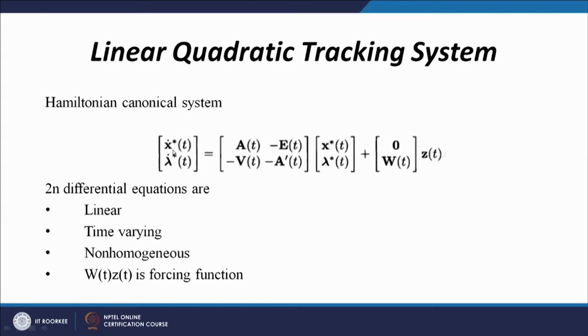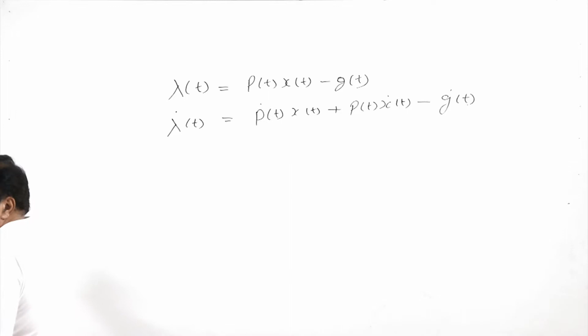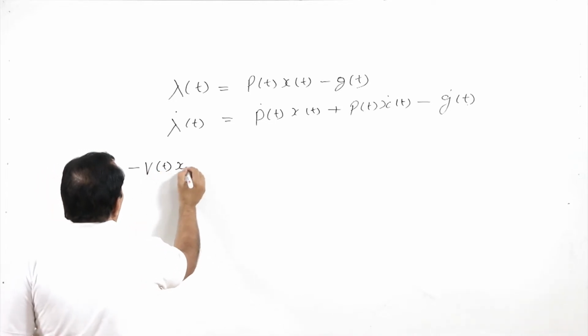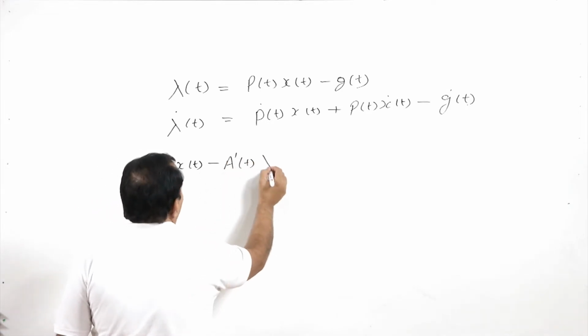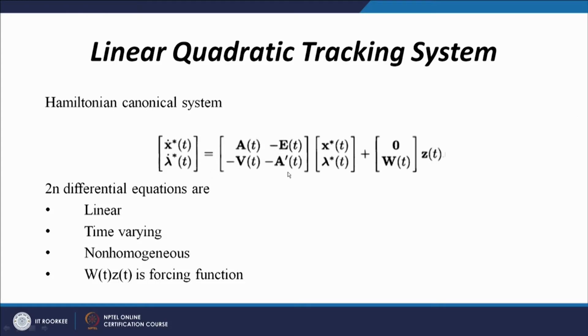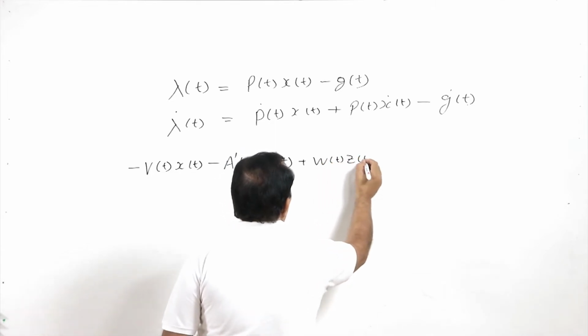We get this expression, and see, from my Hamiltonian system I substitute the value of lambda dot t as minus V t x t minus A prime lambda t plus W t z t.